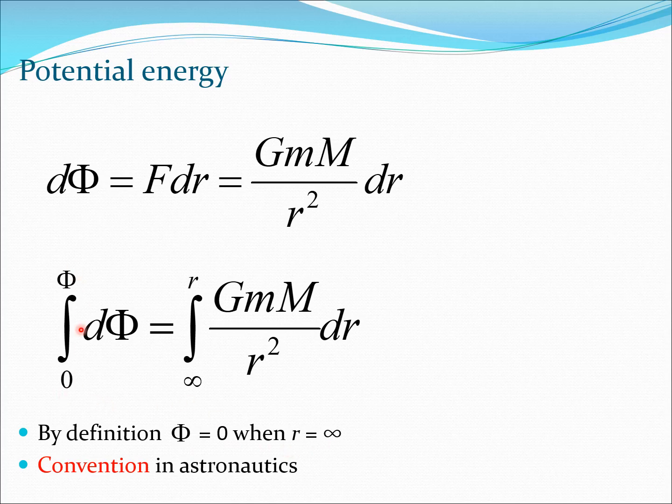So if you look at the bottom part of this definite integral, the 0 goes with infinity here, and r goes with the value phi. This is by convention. We have to make some kind of baseline somewhere so we can compare the potential energy of the system.